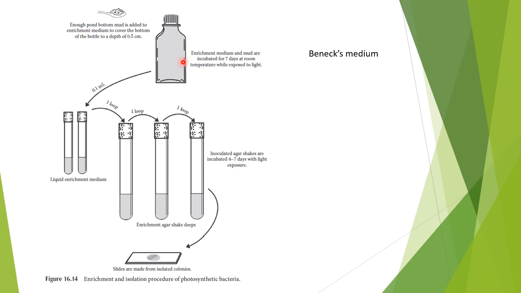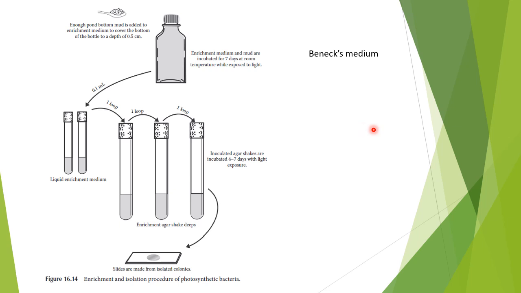Then when the broth is cooled down, add 1 gram of the pond mud in the flask, and incubate it for say 15 days at 35 degrees Celsius, because it is an enrichment medium. It will enrich the given sample, and it will help the bacteria to flourish and grow. Now this incubation is to be done in an illuminated growth chamber.